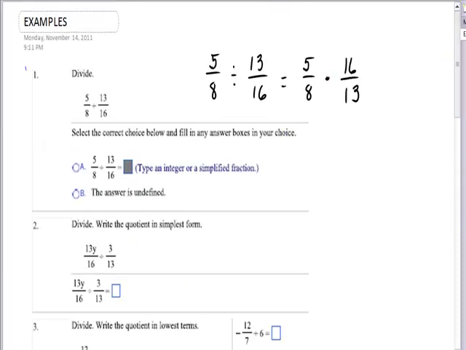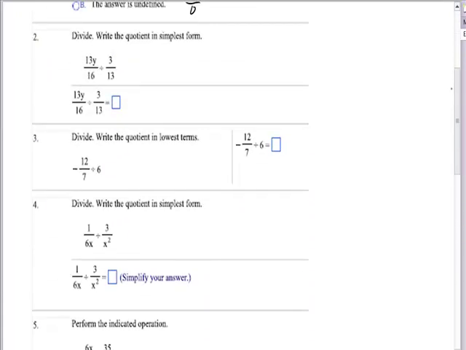Do you see any common factors on the 5 and 13? No. 5 and 8? No. 16, 13? No. But the one that you've been seeing, 8 goes into itself once, 8 goes into 16 2 times, and that gives us 5 times 2 is 10, 1 times 13 is 13. So it will be this one, and we will type in an answer. The only way it could be undefined is if you have a 0 in the denominator.